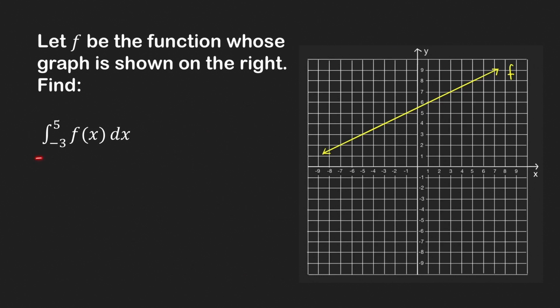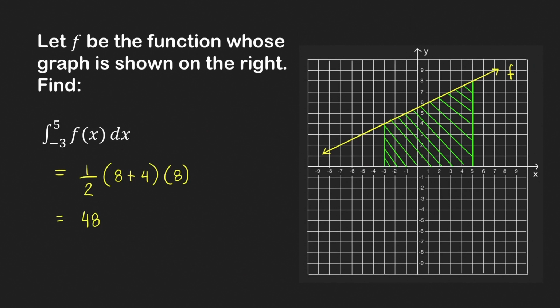So what is the value of this definite integral? It is just equal to the area of this region bounded by the function f and the x-axis from x equals -3 to x equals 5, which is the area of this trapezoid.